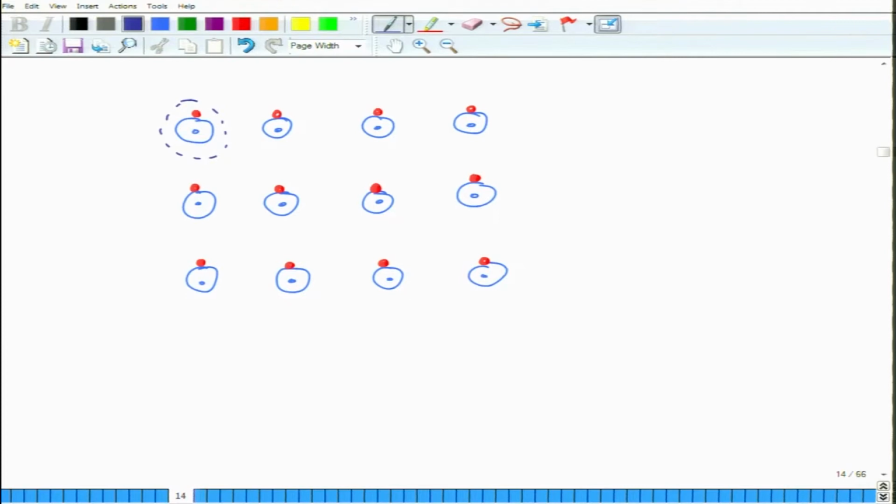Let me give you another scenario. I will draw it again a little smaller. Now again I draw these atoms. Now instead of putting them in this fashion, let us say I put them in this fashion.